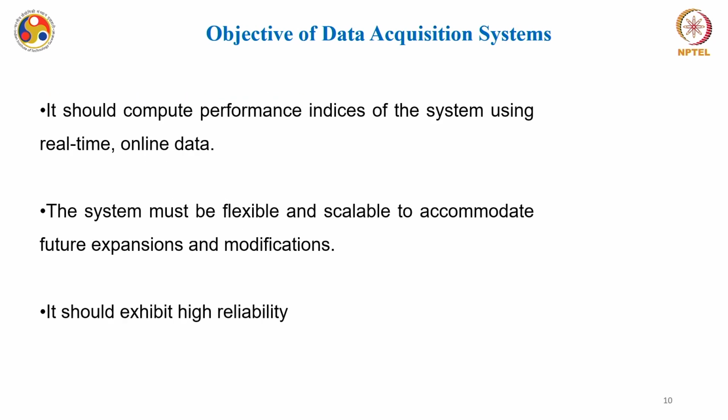It should compute performance indices of the system using real-time online data. The system must be flexible and scalable to accommodate future expansions and modifications. A good DAS will exhibit high reliability, particularly in harsh ambient conditions.